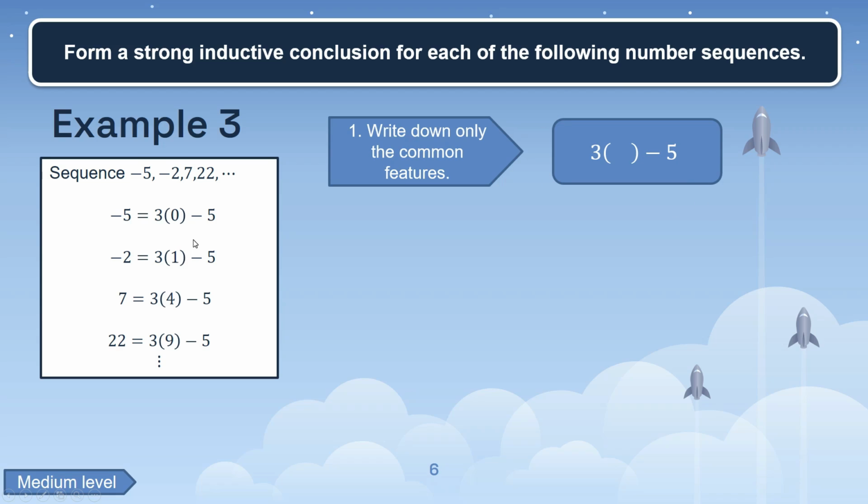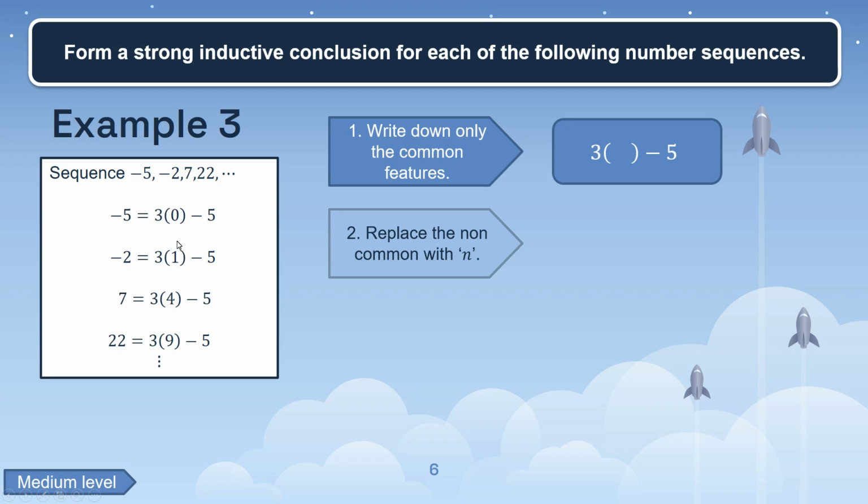And then we replace the non-common with n. But how? Okay, if we see from the right hand side, it is 0, 1, 4, 9. Okay, this number is not in orderly form. It's not like 0, 1, 2, 3, 4.